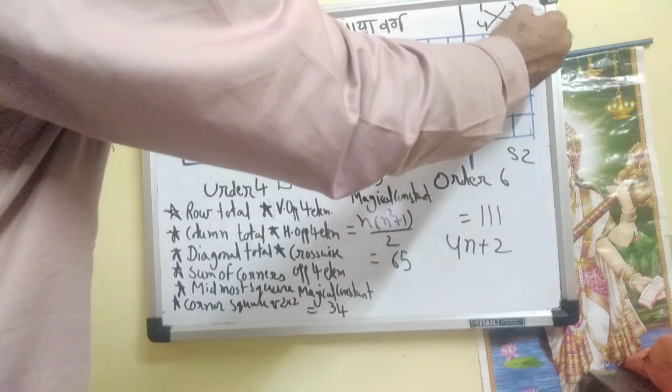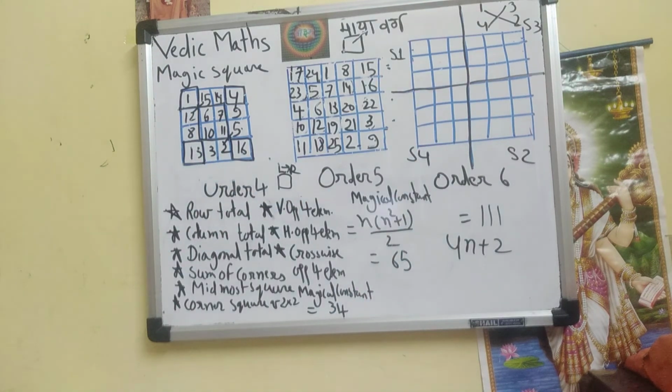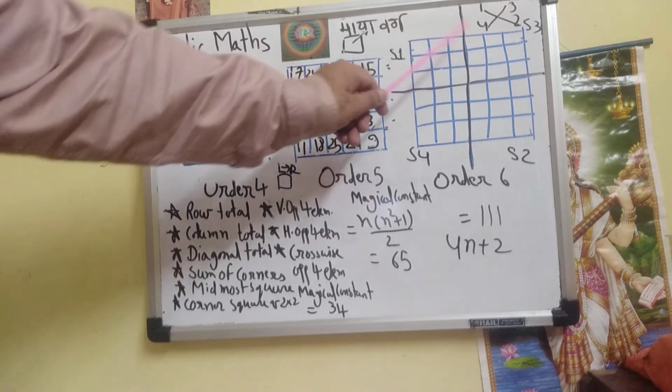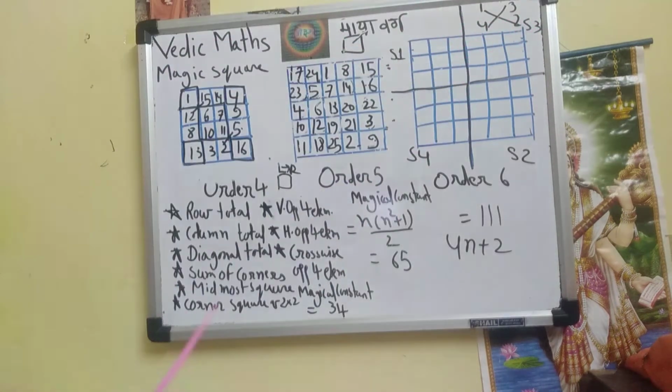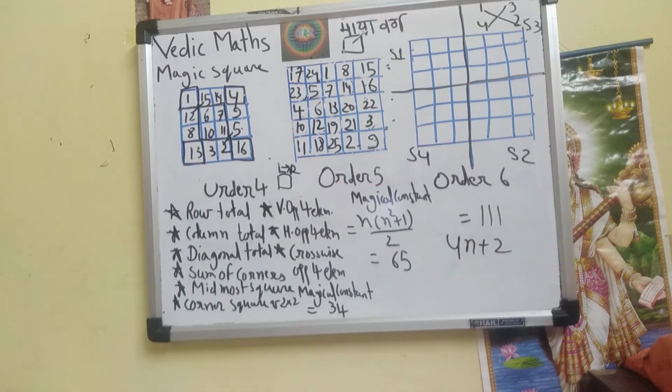And this square is square 3 and this one is square 4. So you can remember it like this: the upper 2 squares are odd numbered and the lower 2 squares are even numbered.